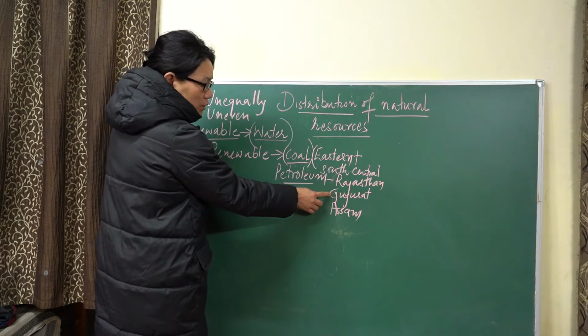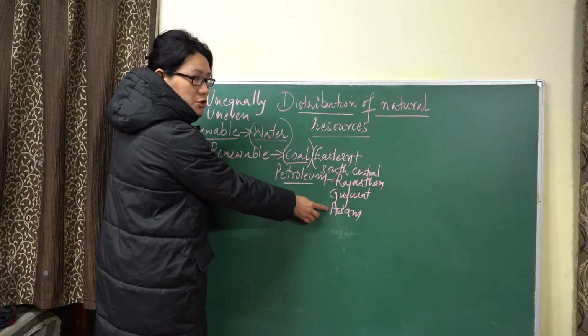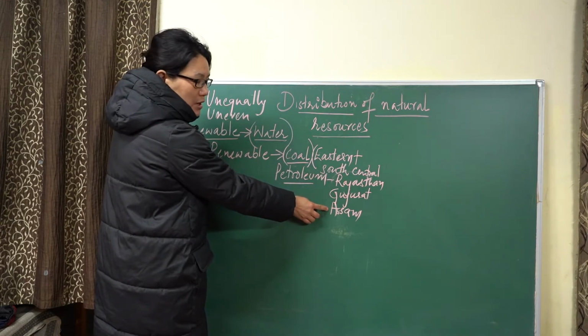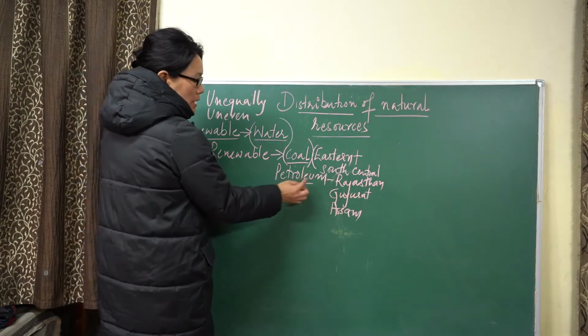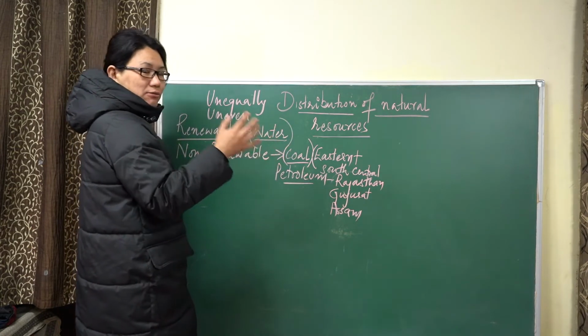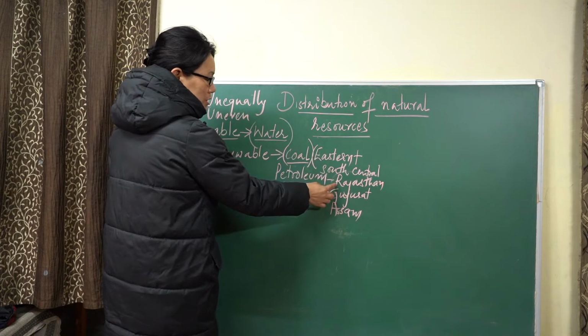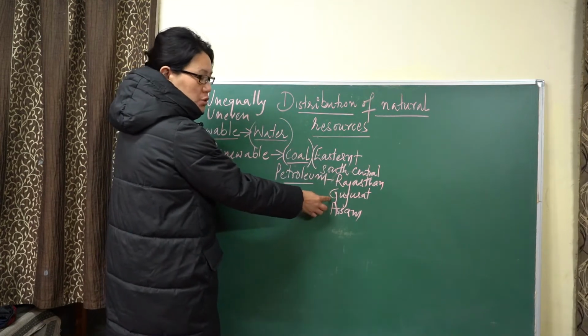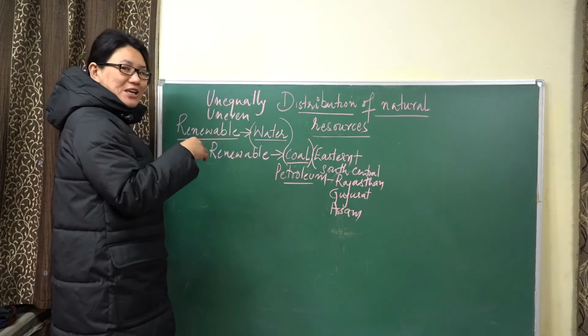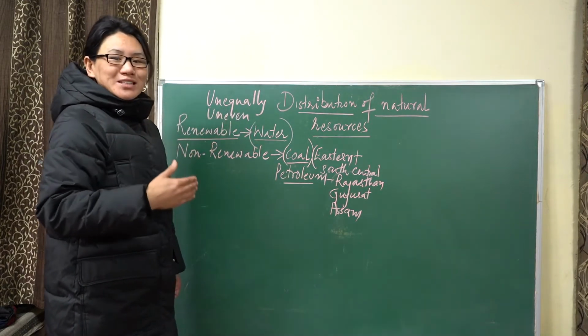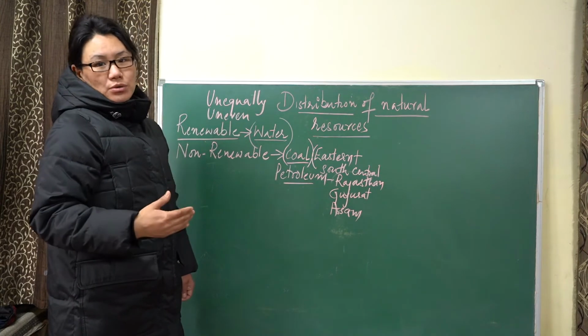And then followed by, for example, Gujarat and Assam. So when we talk about the amount of resources, petroleum is found more in Rajasthan in comparison to Gujarat and Assam. Whereas in other parts of India, we do not get these resources.